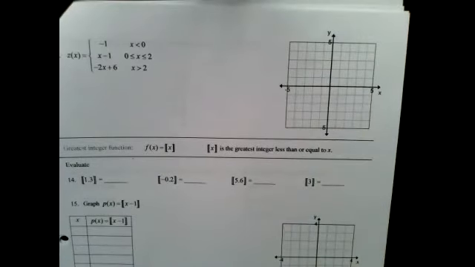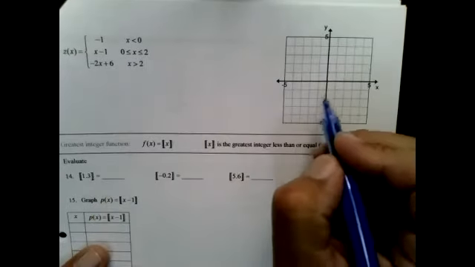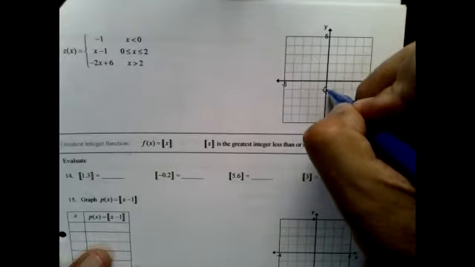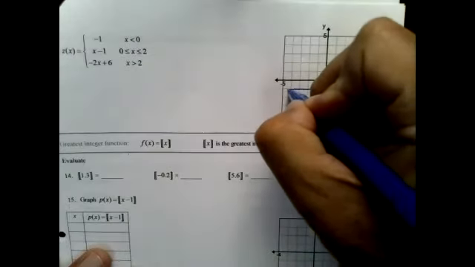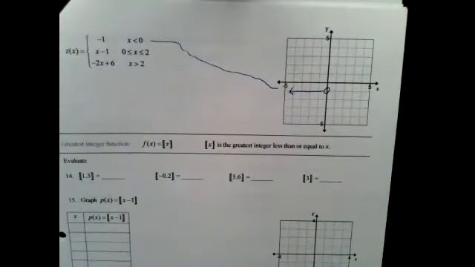I'm going to briefly look at this one. Briefly, when X is less than 0, it's -1. And I know that's my constant function. So that guy right there is that blue line. And that happens, things level off for a while.